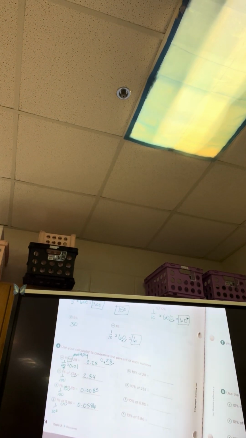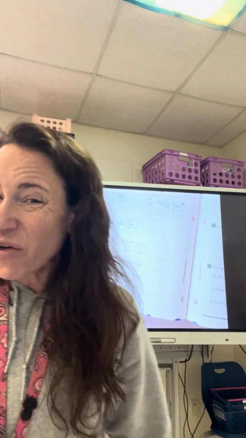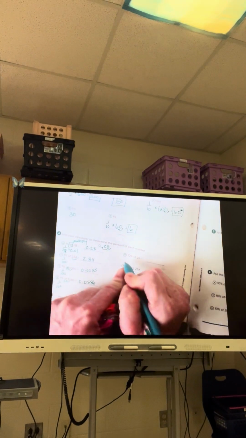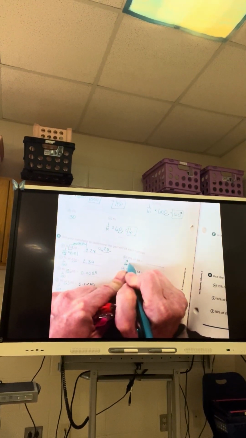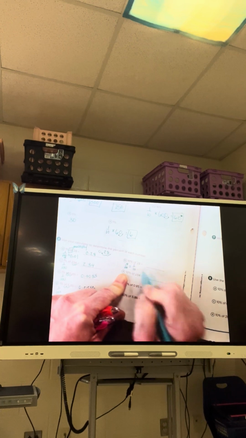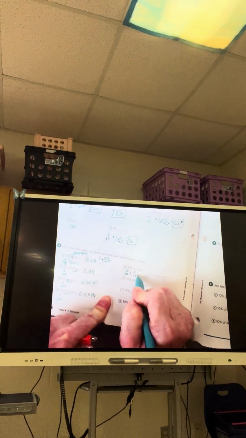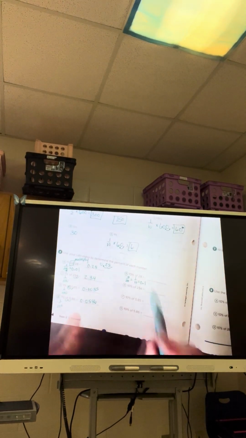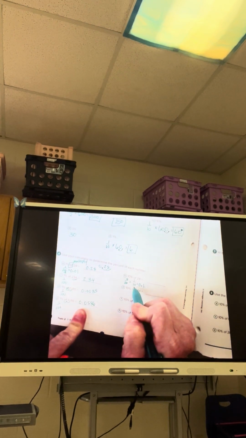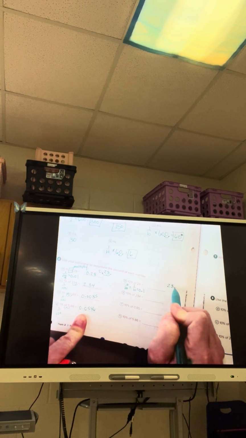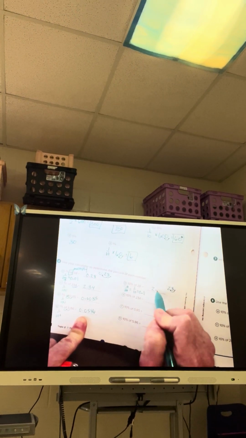Now 10% is the same as 10 over 100, which is the same as 1/10. So if I'm finding a tenth of 28, a tenth is the same thing as 0.1. But this is a power of 10, guys. 1 power of 10, meaning I'm only moving the decimal once. So it should be 2.8.